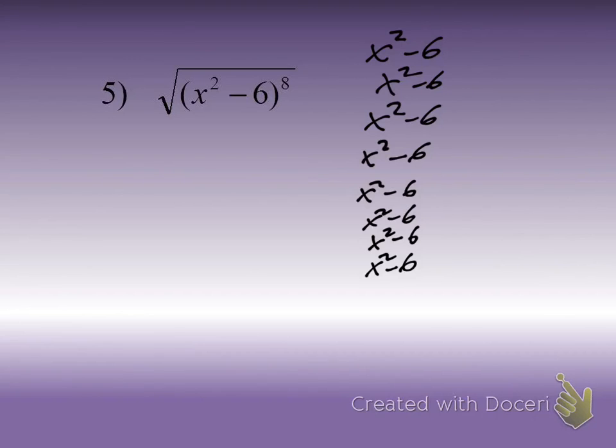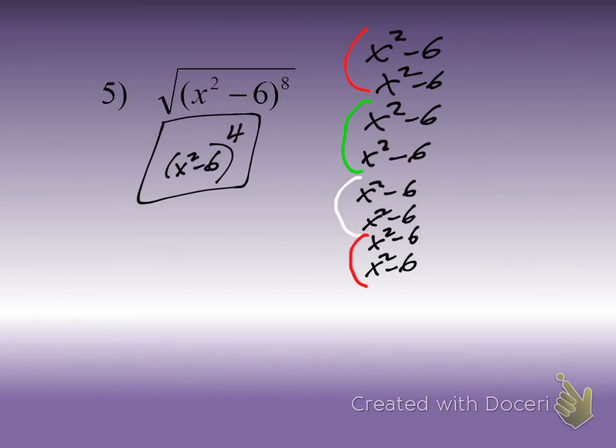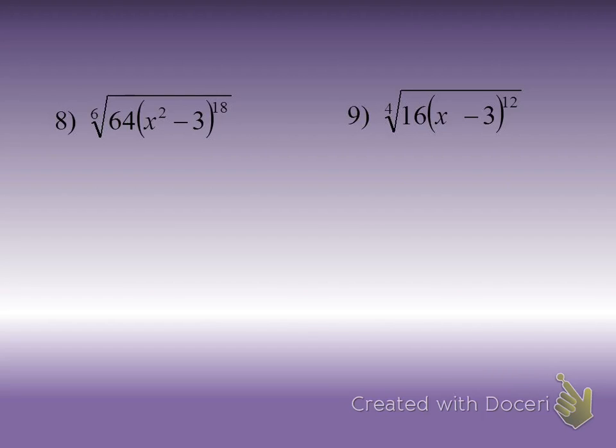How many do we need in our group? 2 in a group. There's 2, there's 2, there's 2, and there's 2. So of our x squared minus 6's, how many groups do we have?